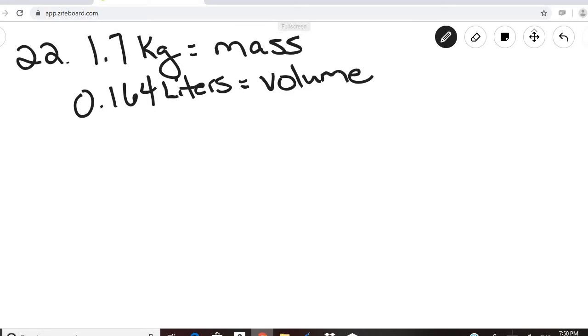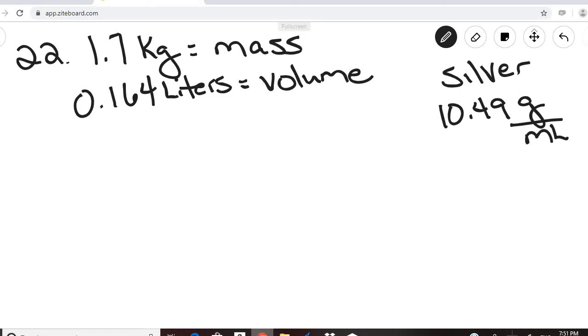And the question says that this looks like silver, and we are asked if it is silver, and we are given that the density of silver is 10.49 grams per milliliter.